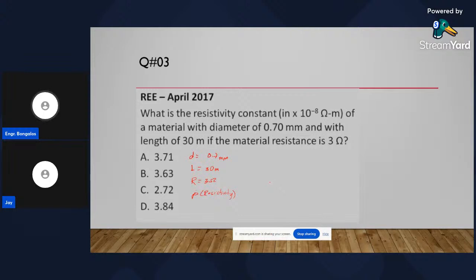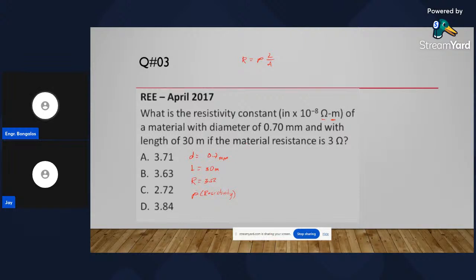Okay, so paano natin siya mahanap? 'Di ba meron tayong formula kanina? Sabi, yung R is equal to rho L over A. So first, sabi dito naka-ohm meter, so kailangan naka-meter din tayo.